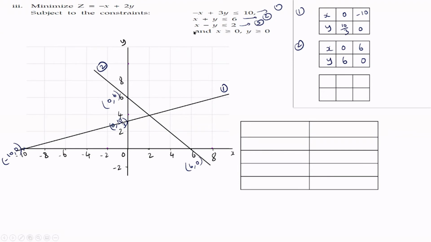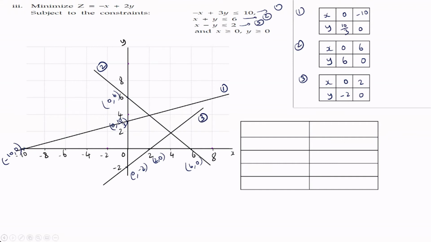And then we have the third line x minus y equal to 2. When x is 0, y is minus 2 and when y is 0, x is 2. So this is 0 comma minus 2 and this is 2 comma 0. If we draw a straight line joining these 2 points, we will get x minus y equal to 2. So this is the third.